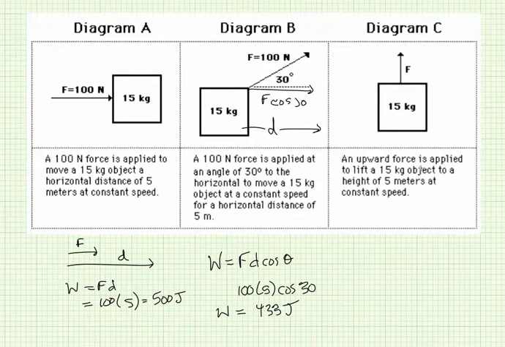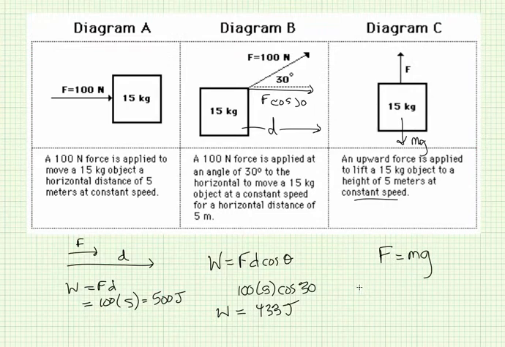Now last but not least, in this case we have an upward force applied to lift a 15 kilogram object to a height of 5 meters at a constant speed. Since we're moving at a constant speed, I know that the force up has to equal the force acting down. You weren't given an applied force, but since we know these forces are balanced, I know that my applied force has to equal mg.